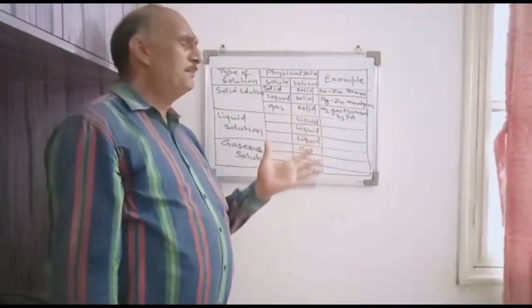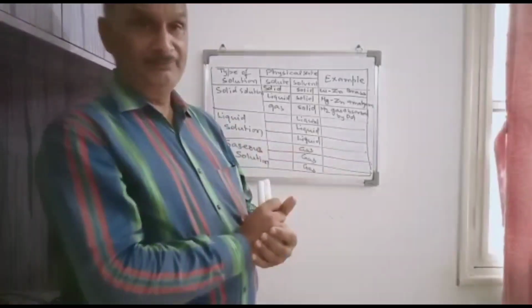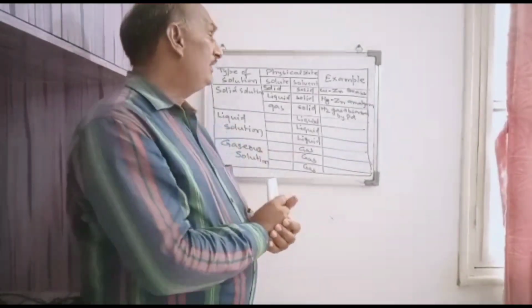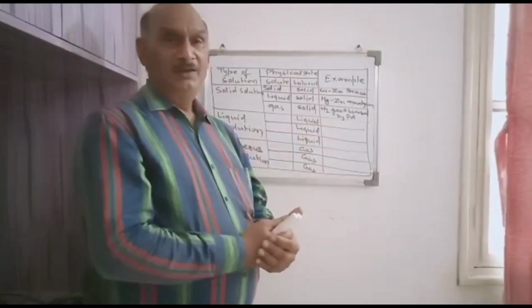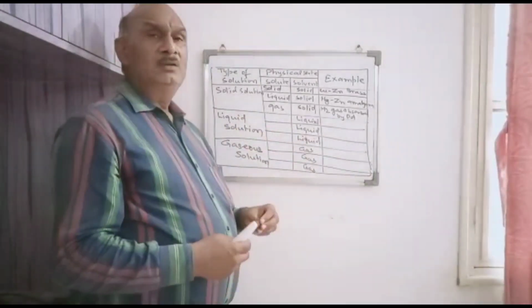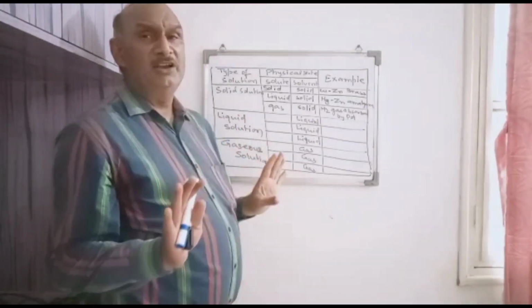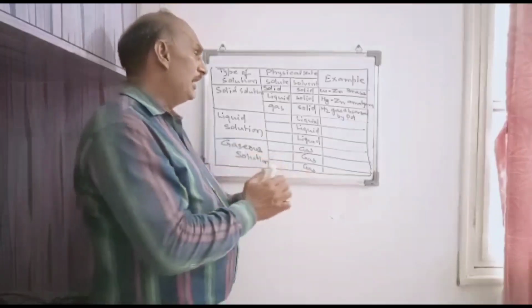But these three examples are not so common in our day-to-day life. Generally, they are rarely found. But liquid solutions are frequently found, and there are so many examples of liquid solutions in our day-to-day life.